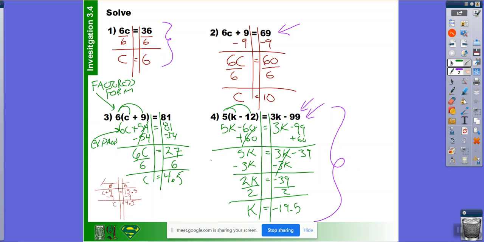If you feel good about this problem right here, it had 1, 2, 3, 4, that's a 5-step problem. So if you feel good about this, you're going to probably be just fine. All right. Are there any questions before we move on? Nope. All right.